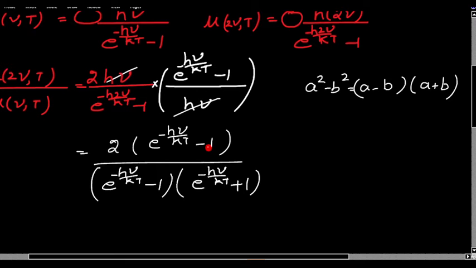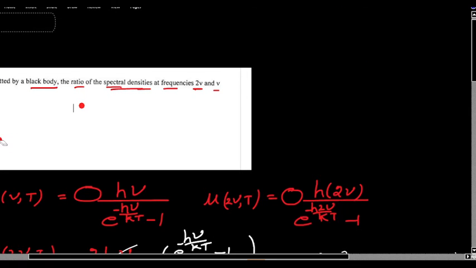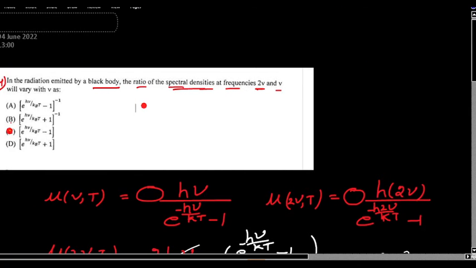Then this whole term is going to cancel out, and we will remain with the value 2 into, and in the denominator it comes out with the negative 1 power, so it becomes minus 1. Then you can check the options. I think option B is matching with it. Yes.